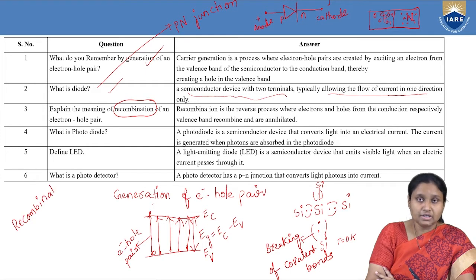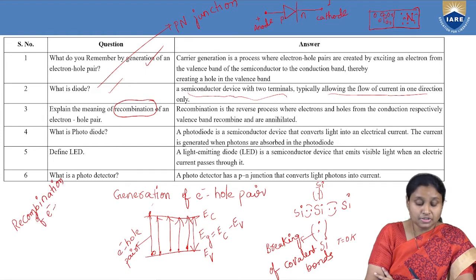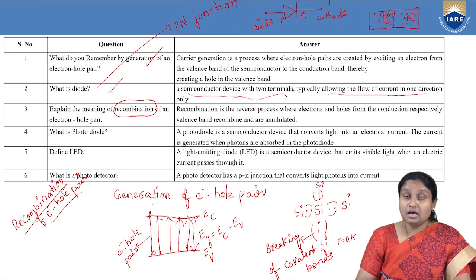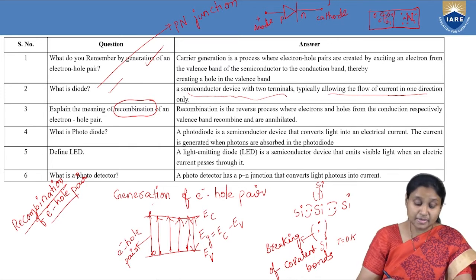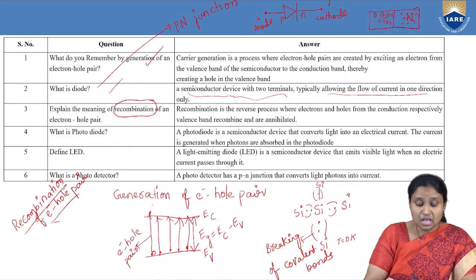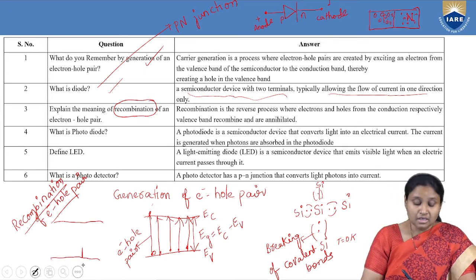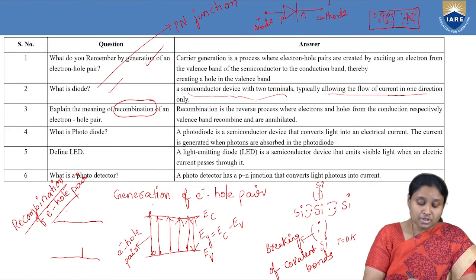In generation, our electron was in the valence band, but after we supply a suitable form of energy to the valence electrons in the valence band, they go to the conduction band. So now we have our electrons in the conduction band.